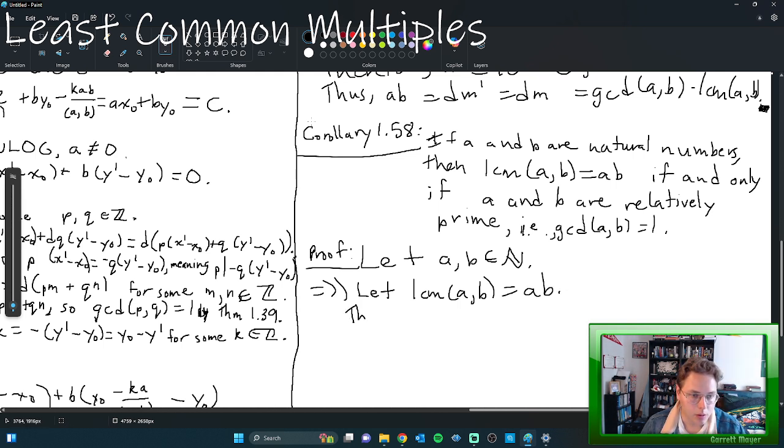Then by theorem 1.57, GCD of a and b times least common multiple of a and b equals ab.